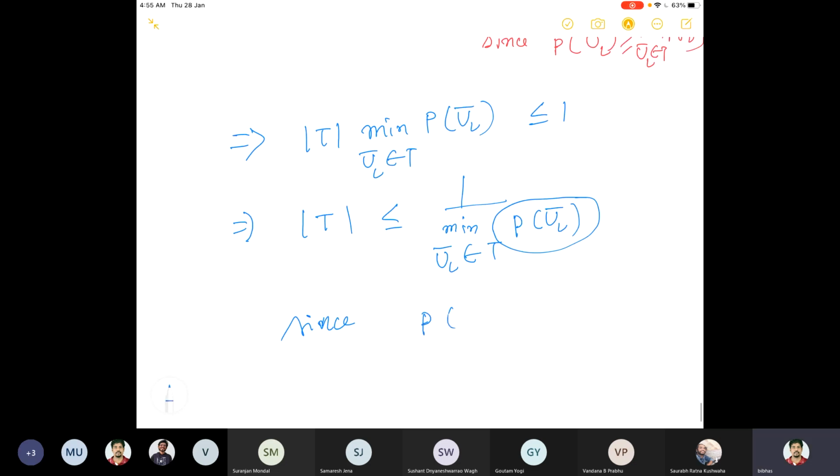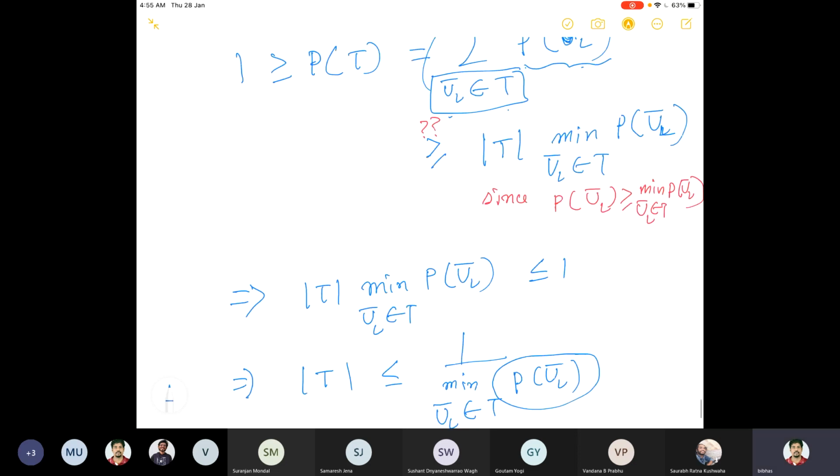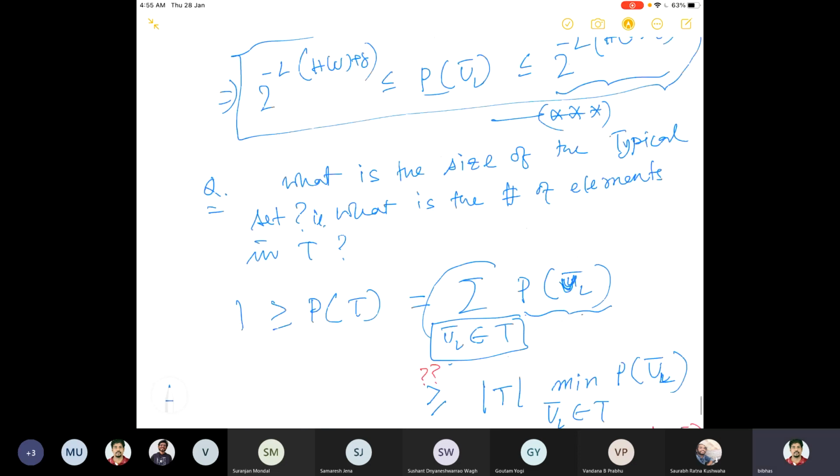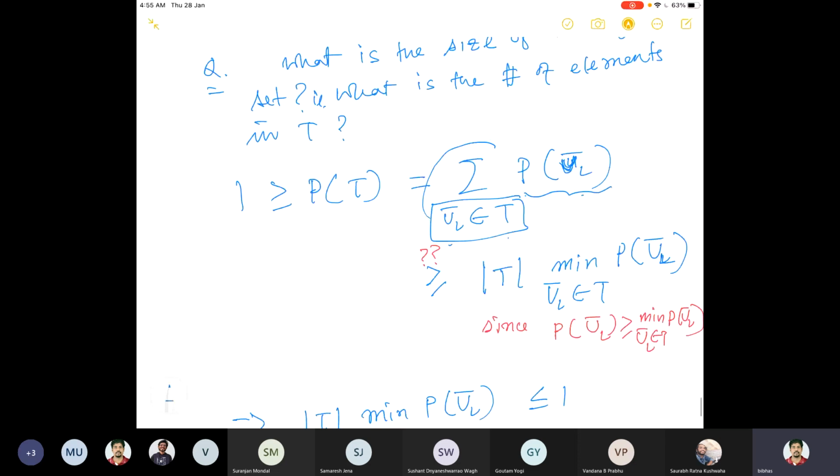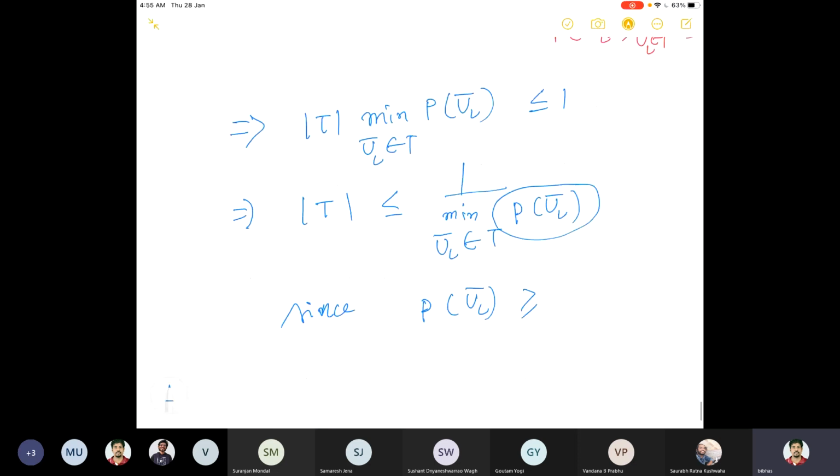Since P of U^L bar is bigger or equal to 2 to the power minus L (H(U) plus delta) for all U^L, the minimum will also be bigger or equal to this number. There is no doubt about that, because the minimum of this should also satisfy this.